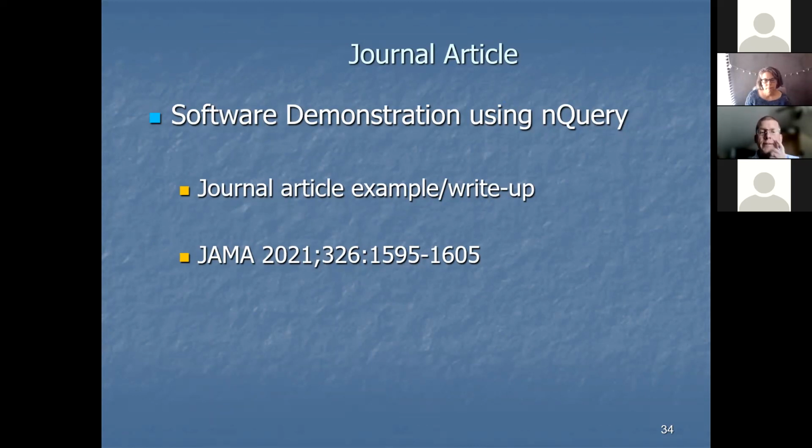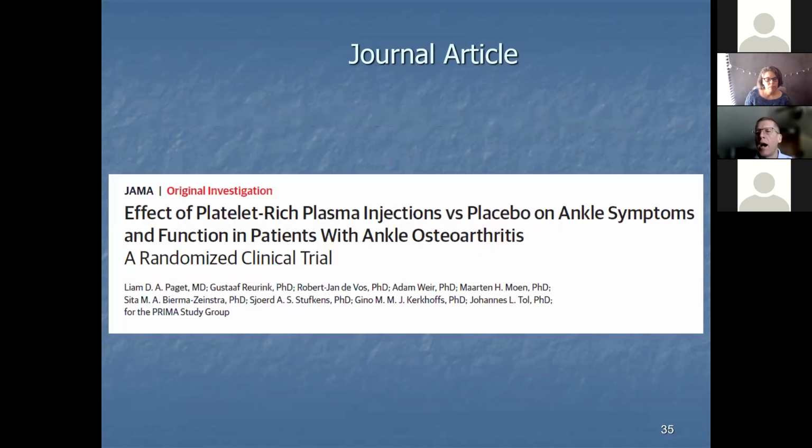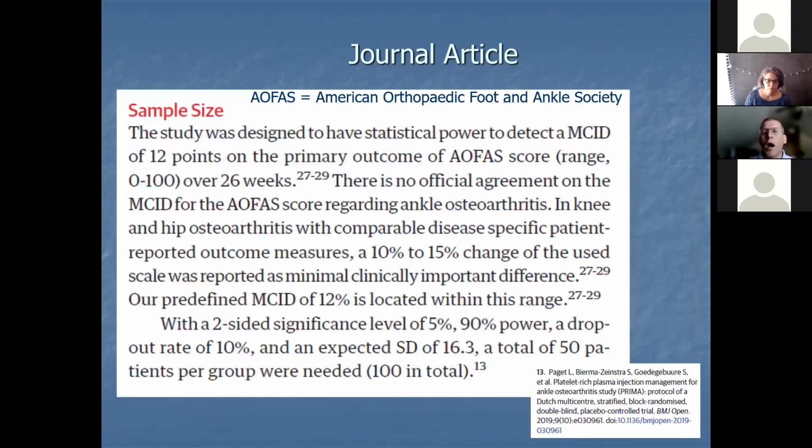This is actually a recent JAMA publication, and this is a little bit more relevant to this audience, hopefully, than the ear infection example. This is looking at a randomized clinical trial in ankle OA. And what I wanted to pull here was this little section in the methods where they talk about their sample size justification.